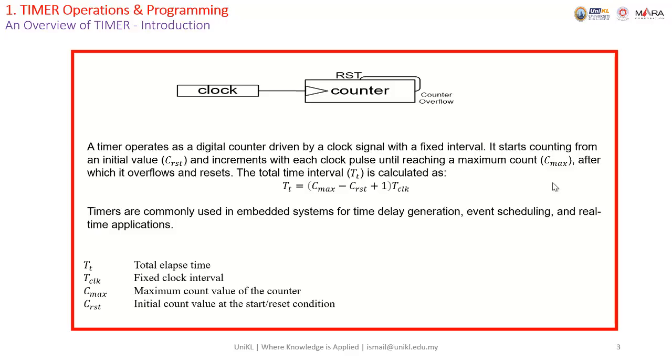That is the maximum count. Then it will roll over to 0. From 1111, we roll over to 0000.